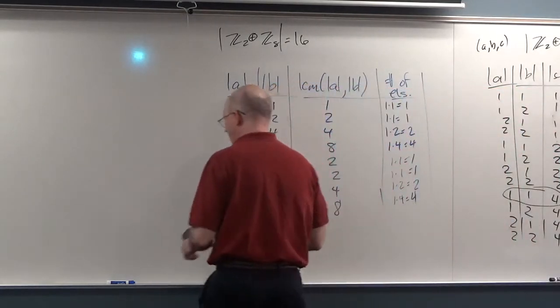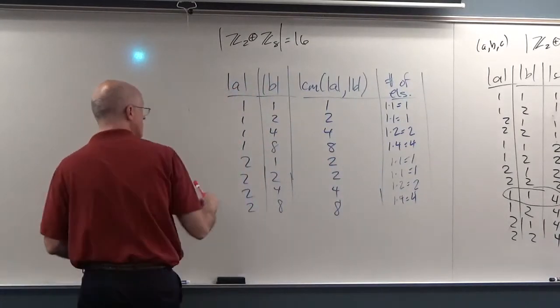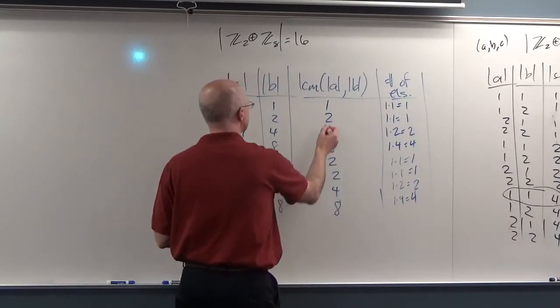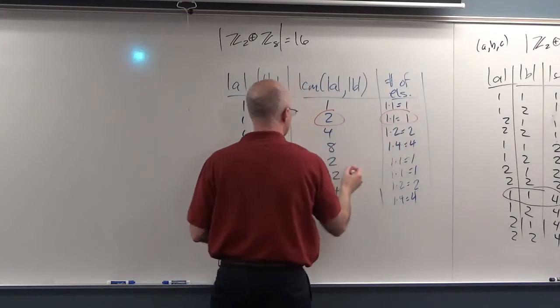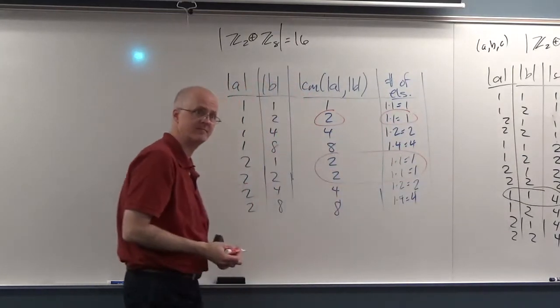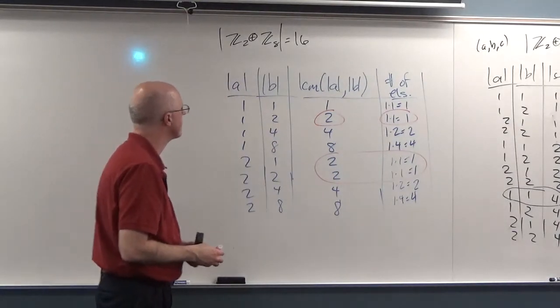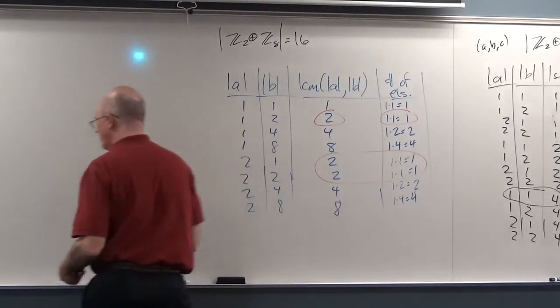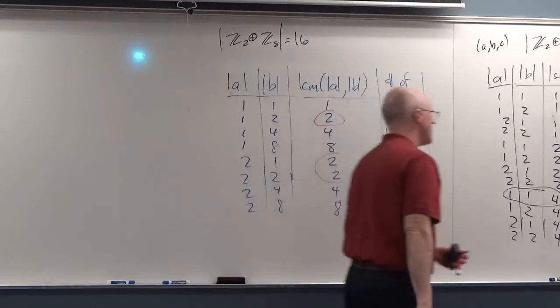So altogether there are, of course, 1 element of order 1. How many elements of order 2? 1, 2, 3 of them. How many elements of order 4?